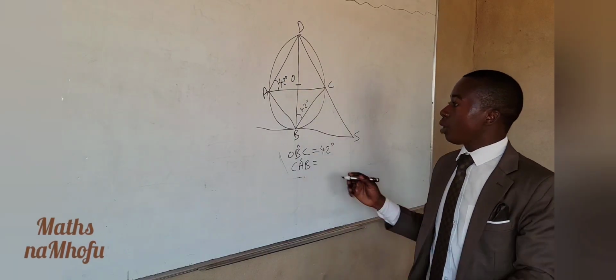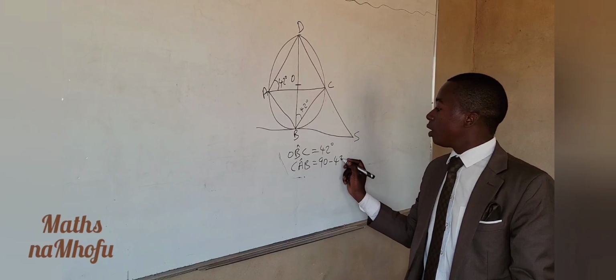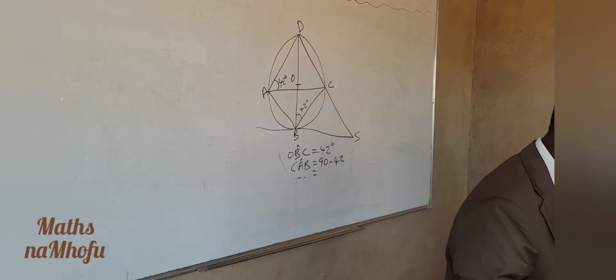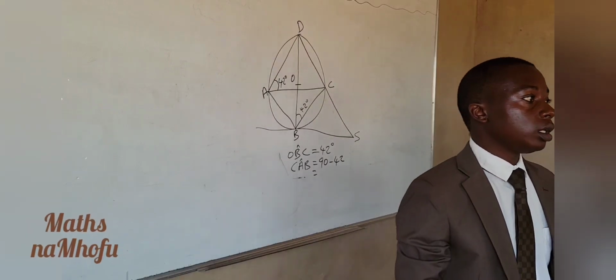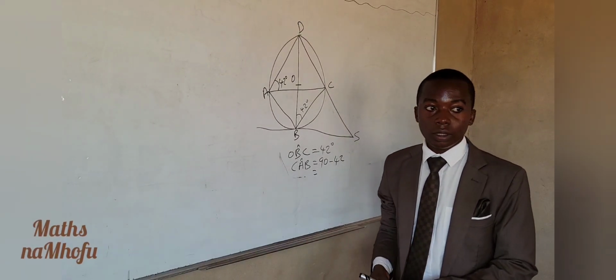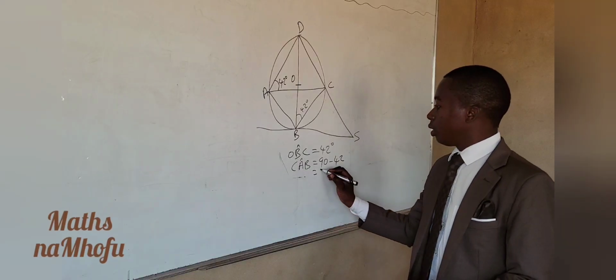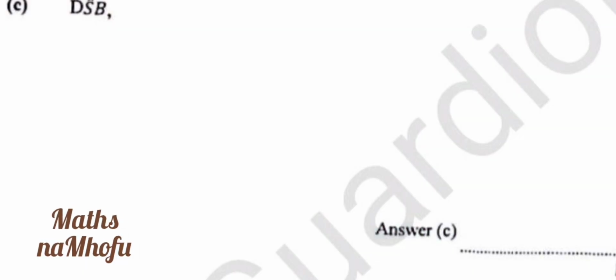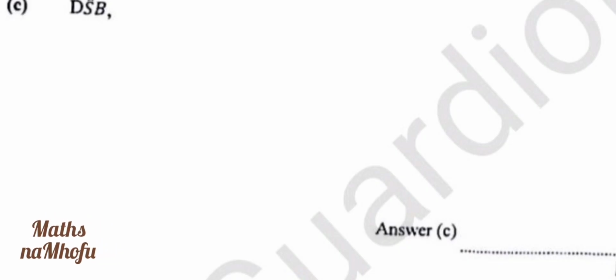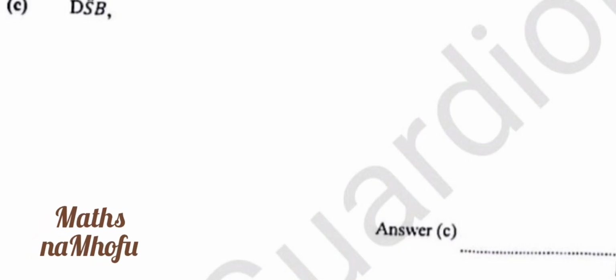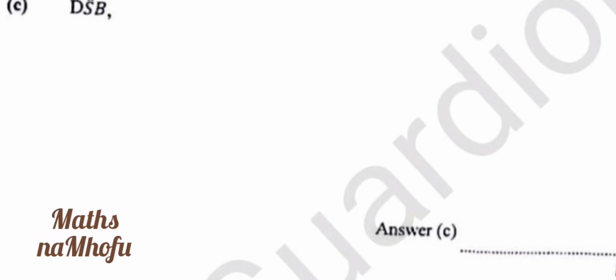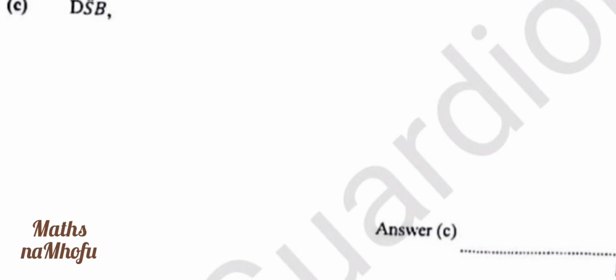For us to get this, we say 90 minus 42. Are we together? 90 minus 42, what do we get? Yes, Colin? 48 degrees. Don't forget to write degrees. If you just write 48, your answer will be 100% wrong. 48 what? Degrees. Then we have to find DSB.